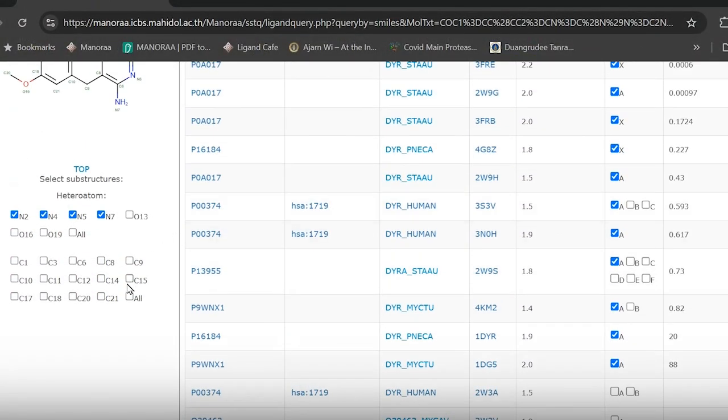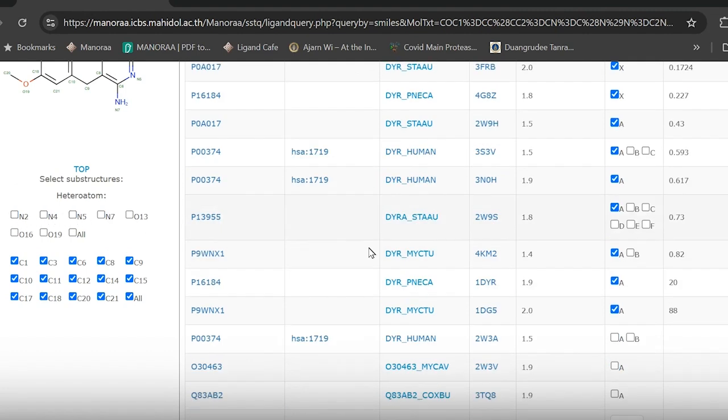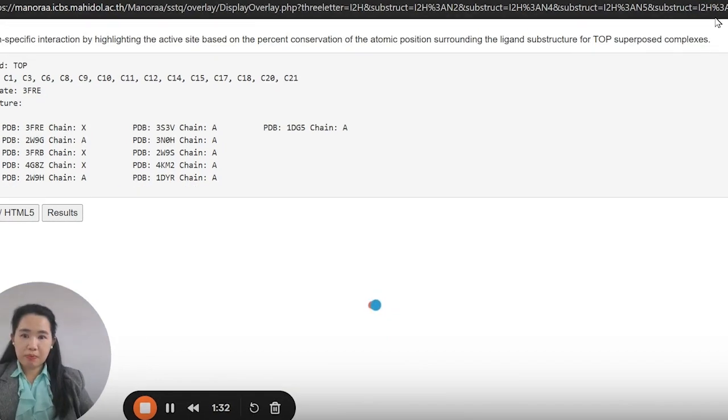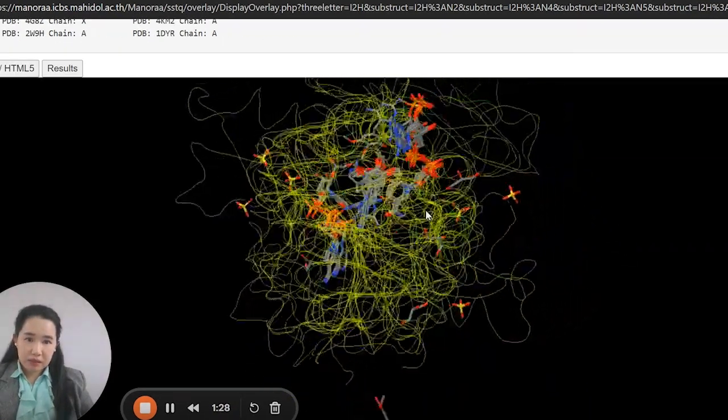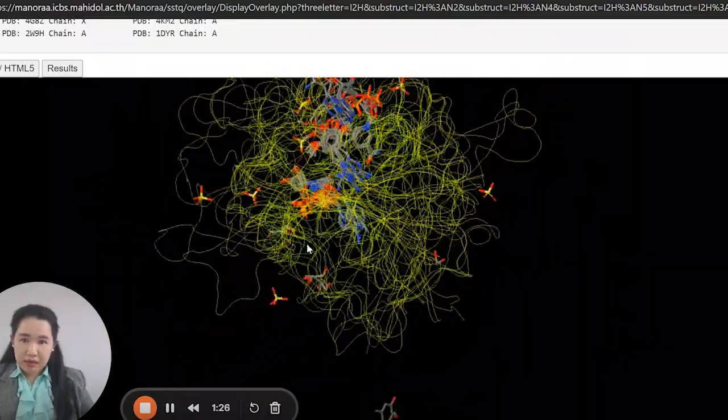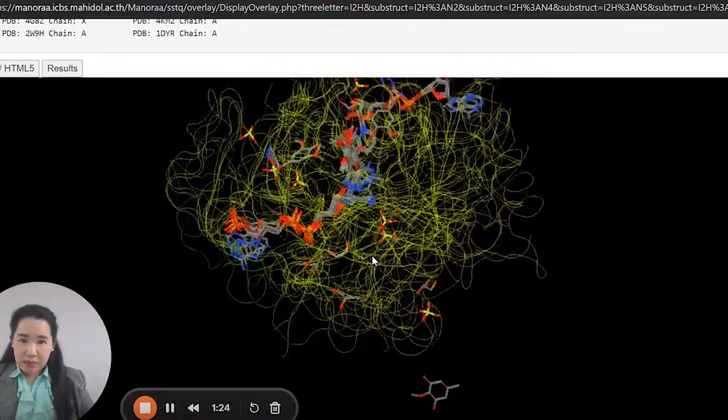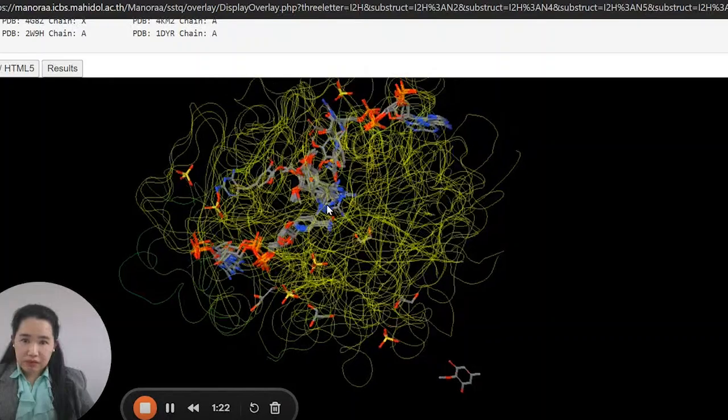And we can also do some conservation interaction by doing this carbon superposition here. And we can see the conservation sites by superposing these residues here.